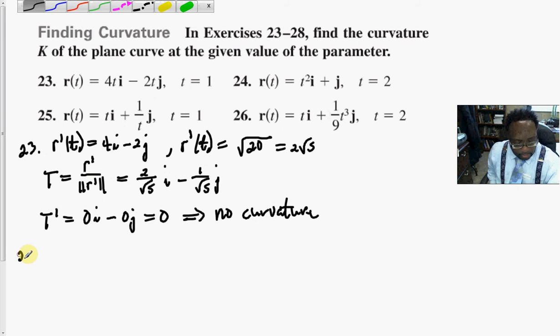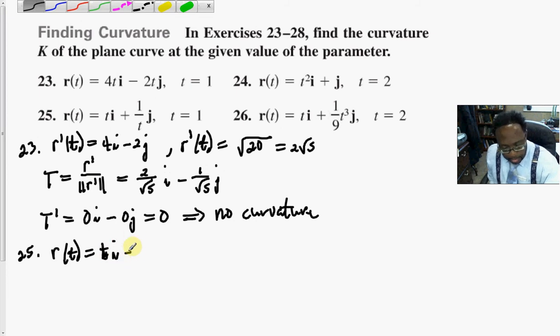Number 25. r of t is equal to t i plus, just write this as t to the negative 1 j.